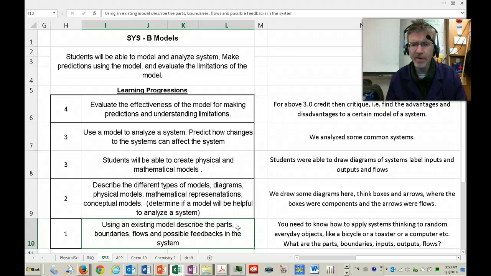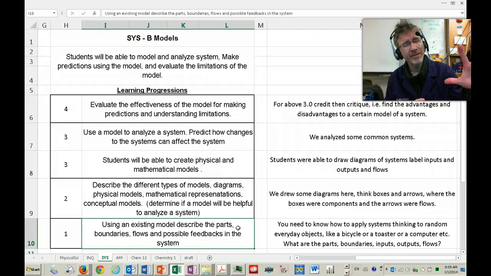Here's level 1. First of all, you just need to know how to be able to apply systems thinking to some random everyday object like a bicycle or a toaster or a computer, etc. And when I talk about a system, I want you to think about what are the inputs, what are the outputs, what are the boundaries, what are the components, or the parts of the system, and what are the flows, like how does stuff get from one part of a system to another.